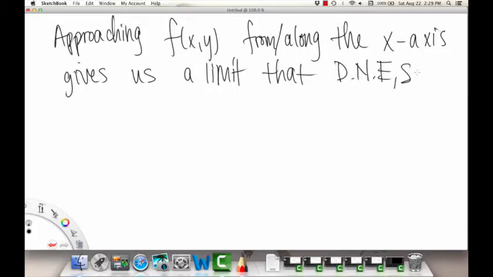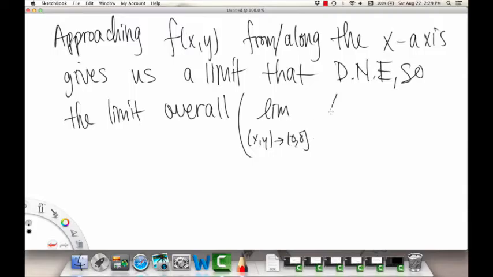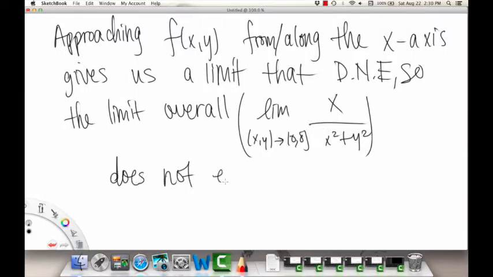So our conclusion is that the limit overall, the limit as (x,y) goes to (0,0) of x over x squared plus y squared, does not exist. And thus we proved it.